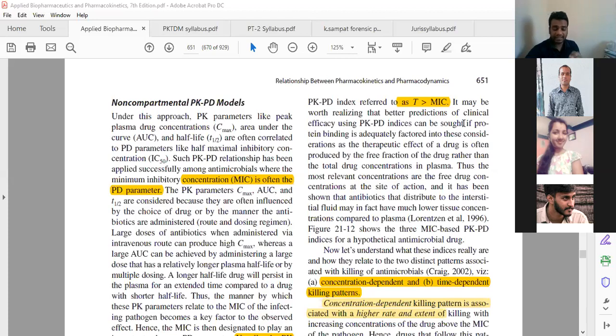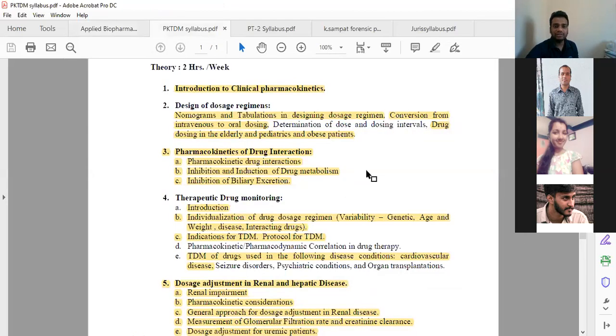Again, there are many things that will affect this. We are going to discuss that. But this is what is called time-dependent killing patterns. So this is what I had been telling you, this is how this subject differs from the other normal pharmacokinetic subject.